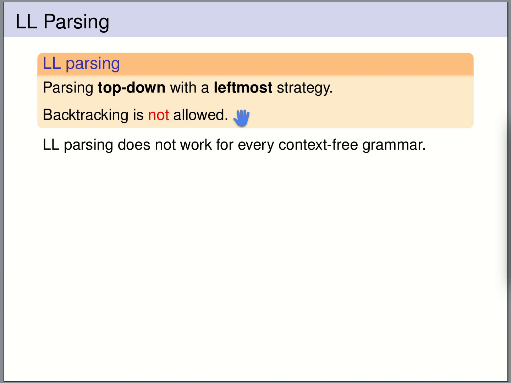And how does this work? LL parsing just looks a few letters ahead in the input, and these few letters ahead need to uniquely determine what rule to apply. As a consequence, LL parsing is very efficient, but it does not work for every context-free grammar. If it works, then it's a very nice and efficient parsing algorithm.